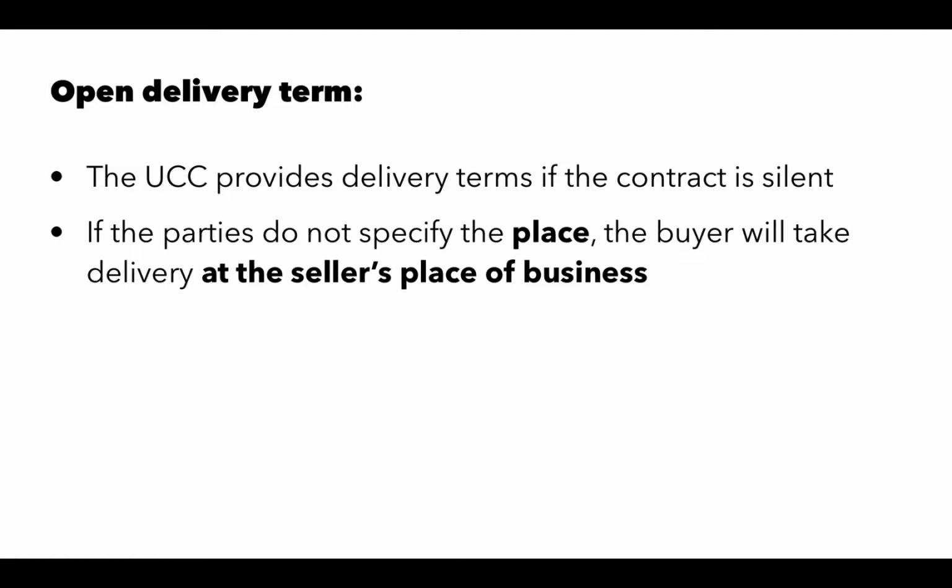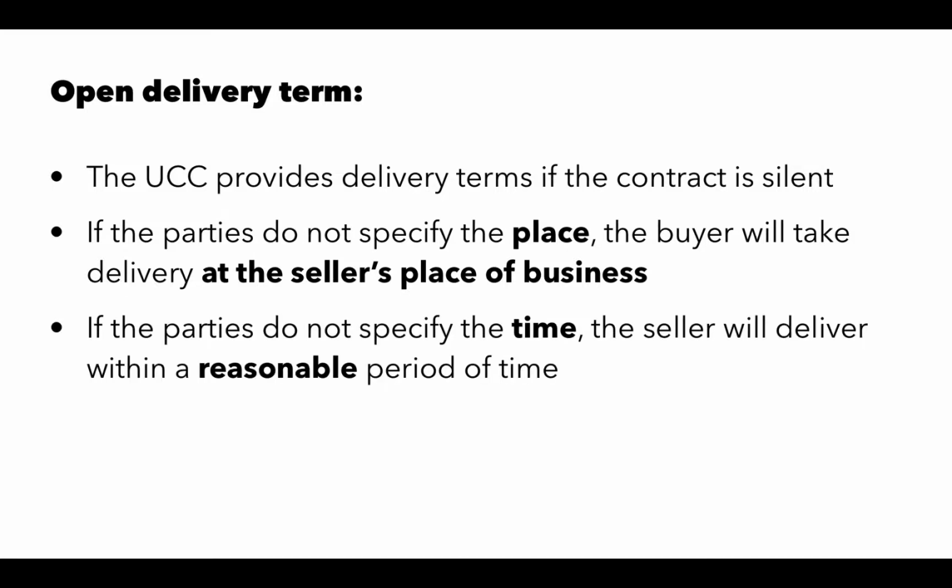And those delivery terms relate to place and time. First of all, if the parties do not specify the place, the buyer will take delivery at the seller's place of business. So no agreement as to place, the buyer is obligated to take delivery at the seller's place of business. Look for a problem like this on your exam.